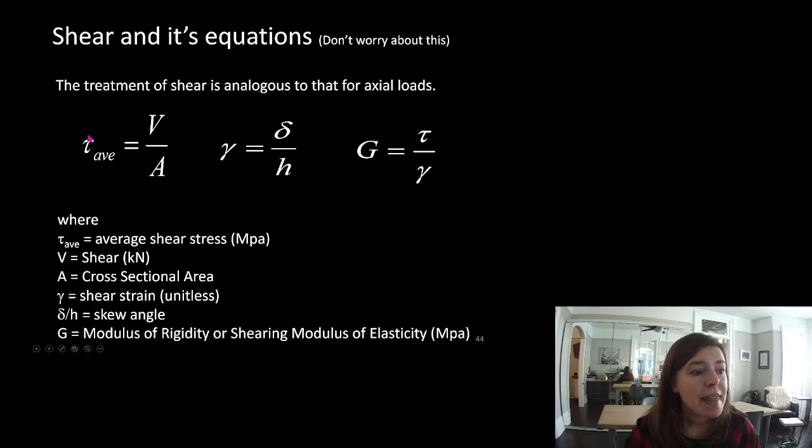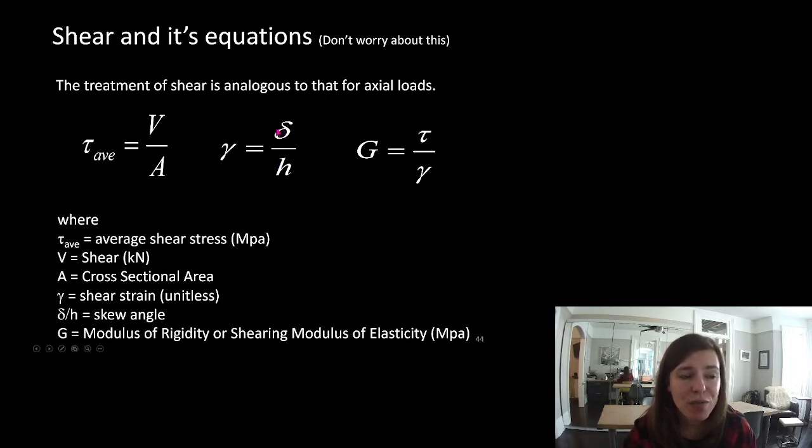So this is our average shear stress. It's equal to V divided by A. Well, V is shear. So instead of force divided by area, we've got shear force divided by area, and that's our average shear stress. This is an angle or a shear strain, and this is our skew angle divided by our original height.